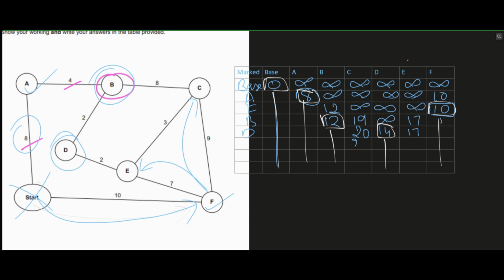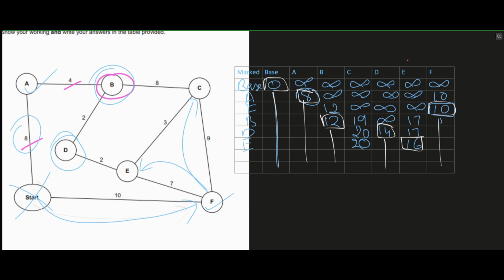I cannot change it over here for C, it's going to remain the same. Now for E, this is going to be 14 plus 2, which is 16, right? So the smallest value is 16, so I can keep this as marked.